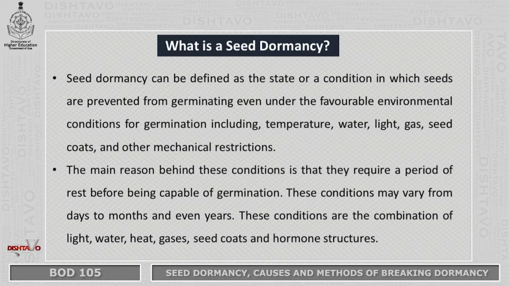The main reason behind this is that they require a period of rest before being capable of germination. This period may vary in different plants, from days to months and even up to years. These conditions are combinations of light, water, heat, gases, seed coats, and hormone structures.